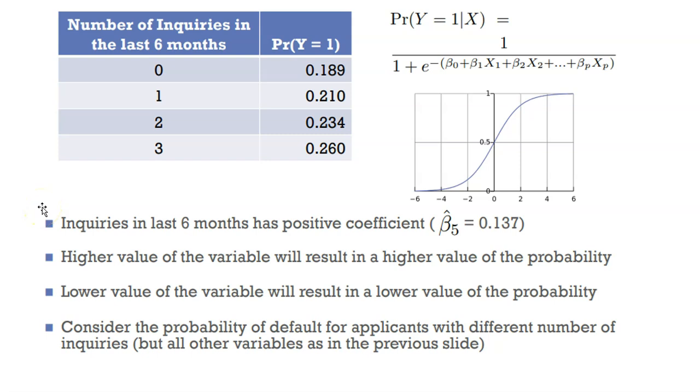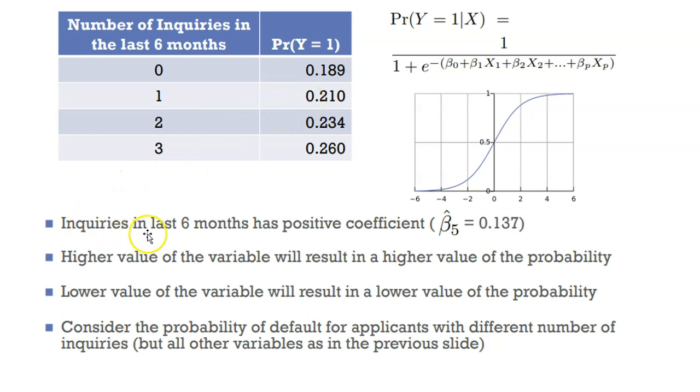So how do we interpret results? For example, if we want to use the slope of number of inquiries in the last 6 months. If none, the probability is 0.189. If just 1, 0.2, and so on.